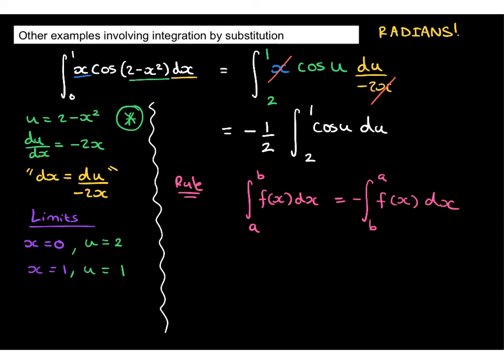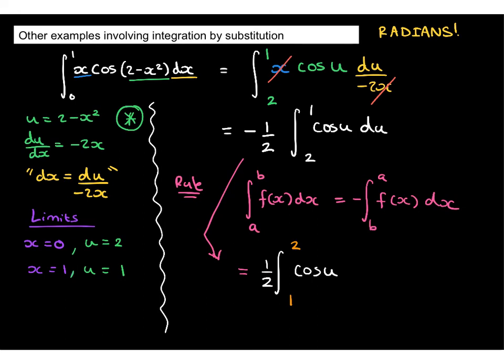So how does this help us? Well, it means that if I switch around the limits, so I have 2 here and 1, as long as I negate the integral overall, the answer will still be the same. And of course, if I negate negative a half, it just becomes positive a half.